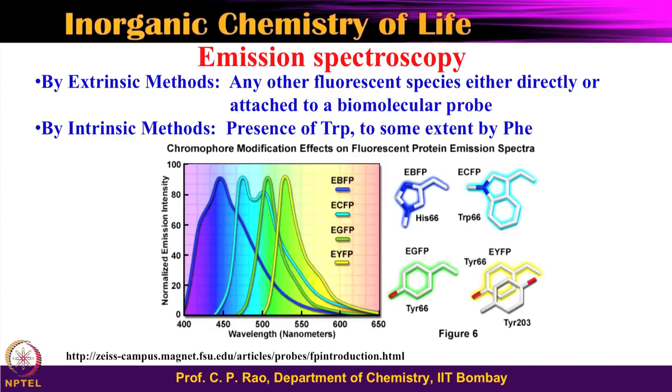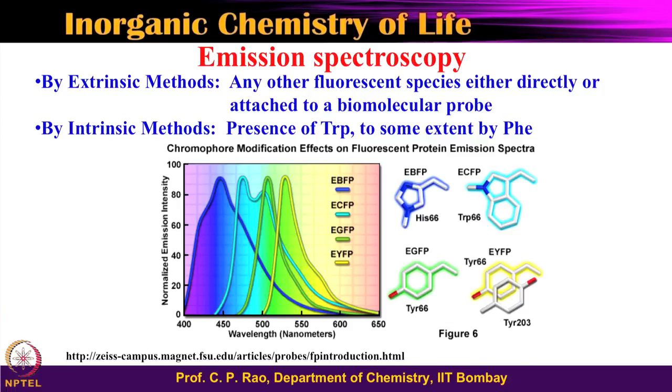The emission that occurs is what you are looking at in the form of radiation. Of course, there are other ways by which the excited state can be quenched, called radiation-less processes, but we are concerned with the radiation process, and this is referred to as emission spectroscopy. The one which is very commonly used is fluorescence spectroscopy.